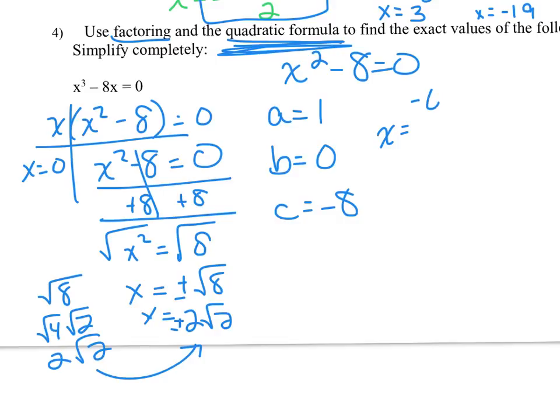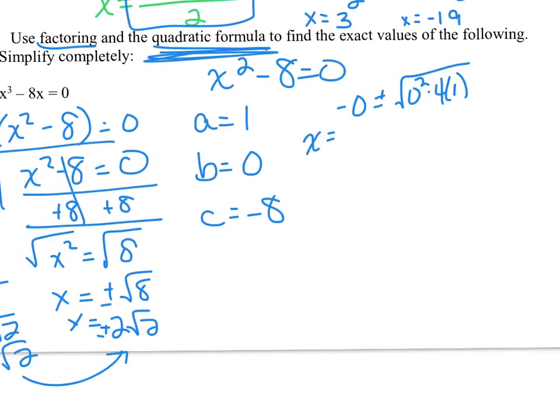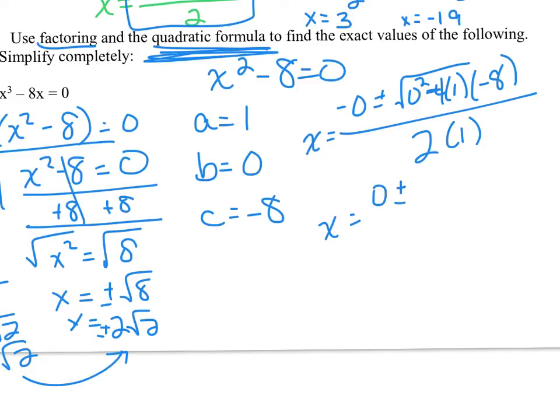So negative 0, okay, whatever that means, plus or minus the square root of 0 squared minus 4ac, all over 2a. So all we have to do is figure out, no, negative 0 is just 0. There's no negative 0.